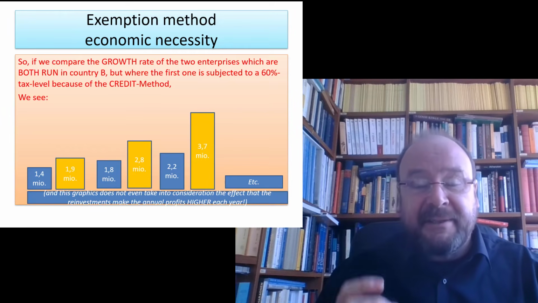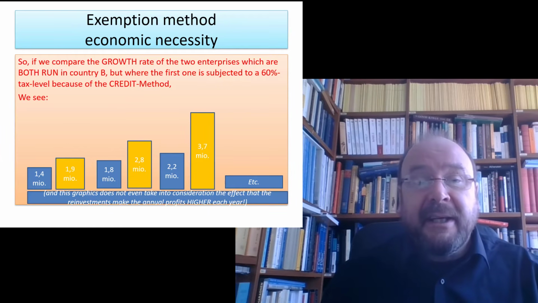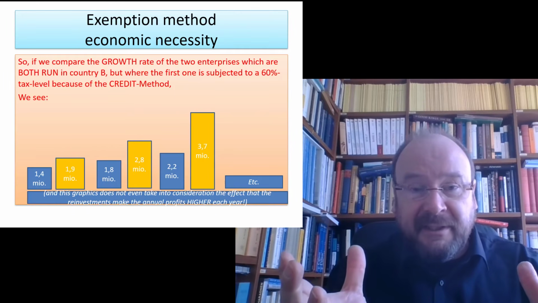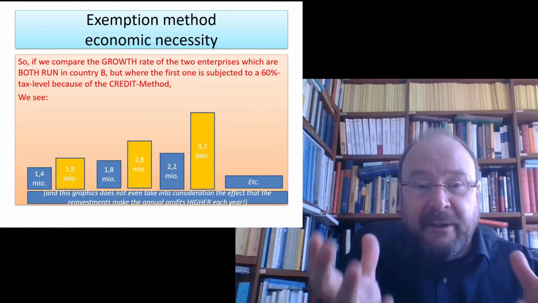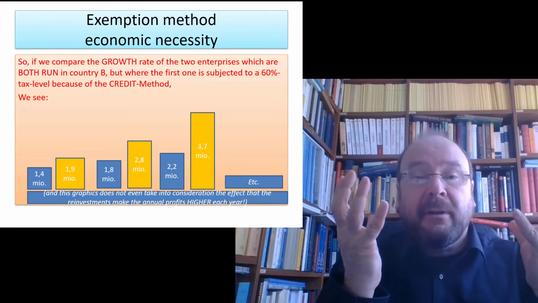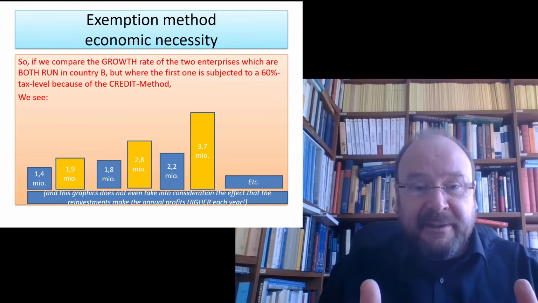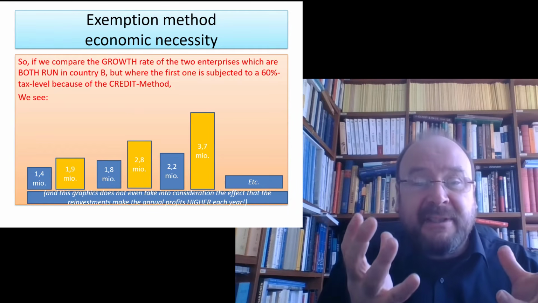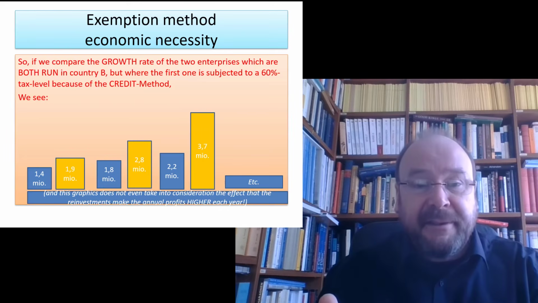So insisting on the credit method can have a very negative impact on the chances of your people in a foreign market, especially where you have fantastic profitability. There, your people suffer a strong economic disadvantage because in the long run, they will be outspeeded by their local competitors.